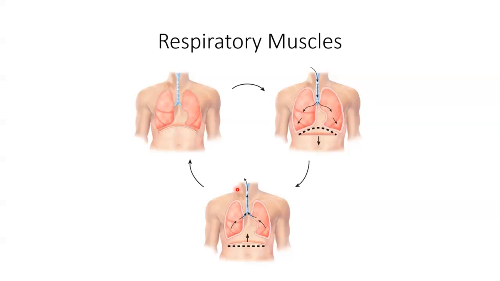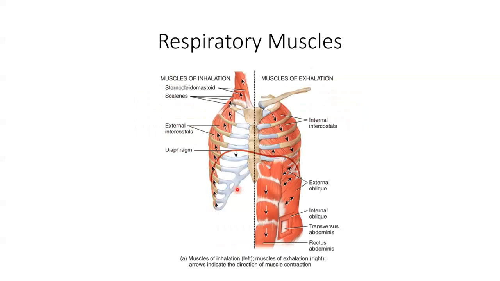Now, contraction and relaxation of the diaphragm causes about 75% of the movement of air during normal quiet breathing. So what we mean by normal quiet breathing is just that breathing that you undertake at rest, just breathing in and out normally when you're not really thinking about it. So alongside the diaphragm, we also have other muscles that are involved in ventilation.